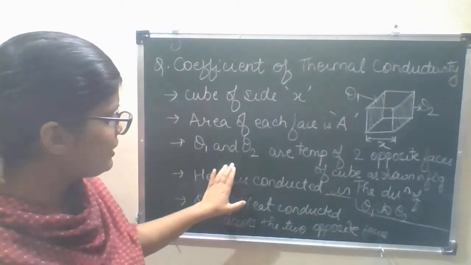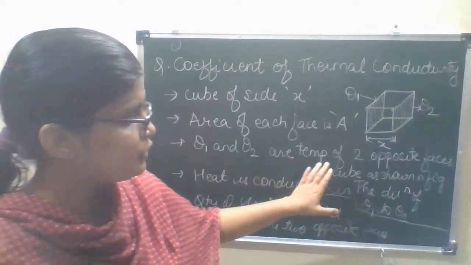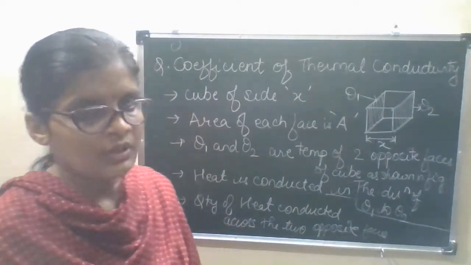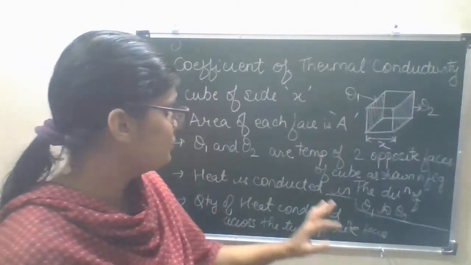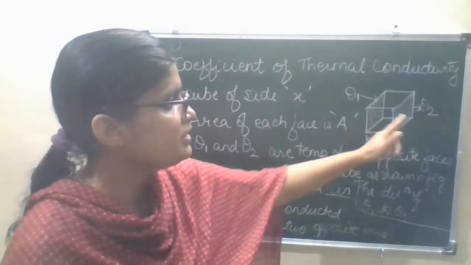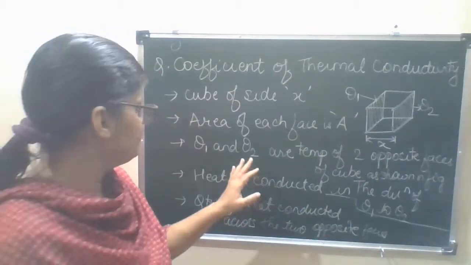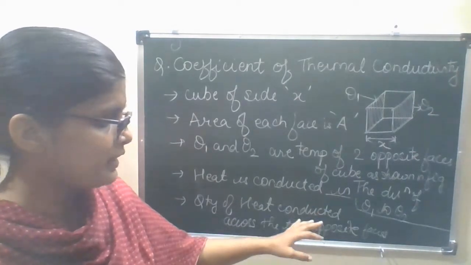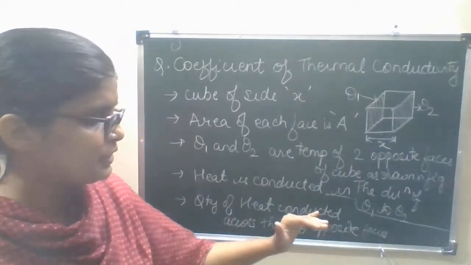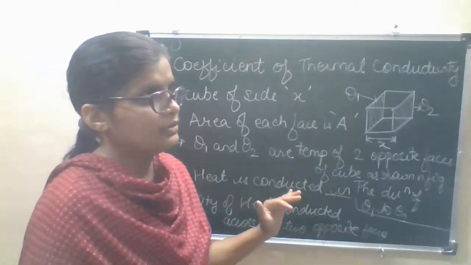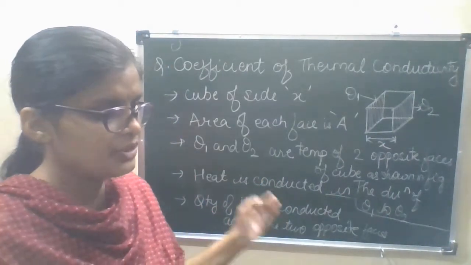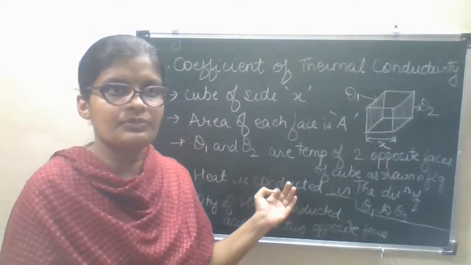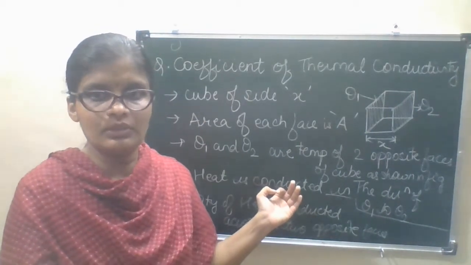Next, theta 1 and theta 2 are the temperatures of the two opposite faces of the cube as shown in the figure. So theta 1 and theta 2 are the temperatures of these two faces. And next, heat is conducted in the direction of theta 1 to theta 2. Just now in the basic concept we have discussed that heat always flows from higher potential to lower potential.